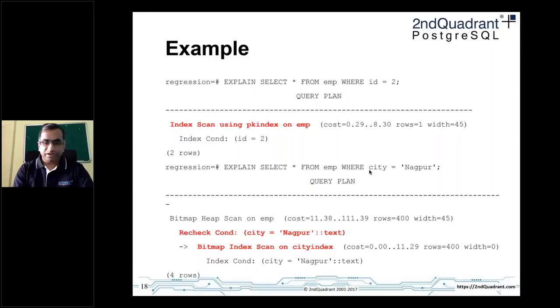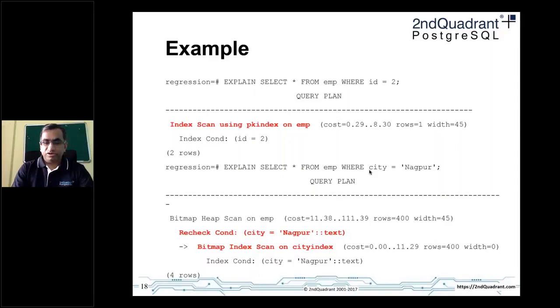In this case, there are only 25 cities, so there are about 400 duplicate values for each value of column city. Then doing an index scan doesn't make sense, because even though you can retrieve all the 400 TIDs from the index, to fetch those 400 rows, you will have to do a random access scan on the heap, and that's not very good.